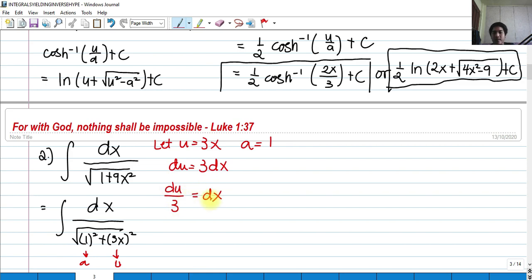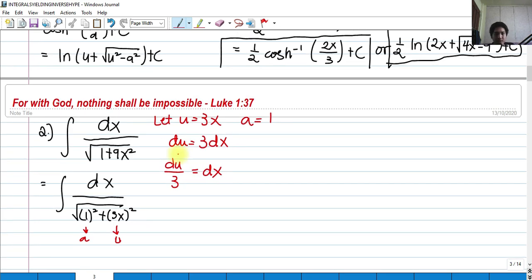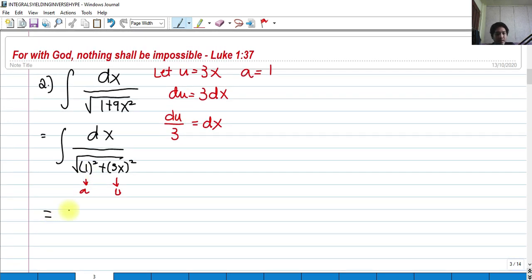And then we simply substitute it. If we substitute it, what will happen? We have du all over 3, over the square root of 1 squared, that is a squared, plus our 3x, which is u squared.